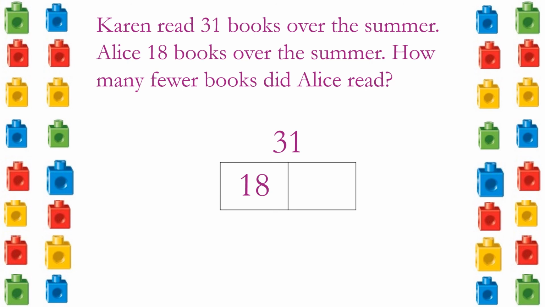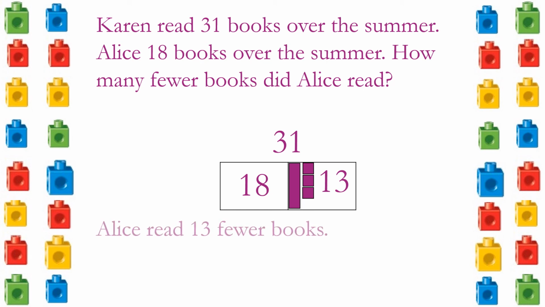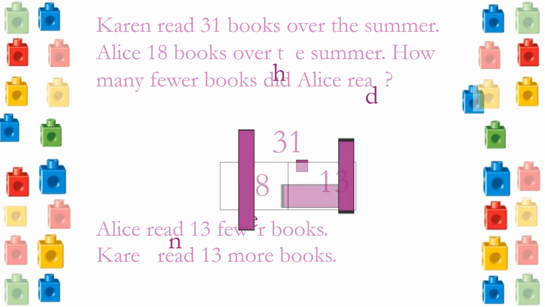Or we can start at 31 and count down until we get to 18. So 18 plus 10 is 28, 29, 30, 31. How many did I just add? 13. So Alice read 13 fewer books, or Karen read 13 more books.